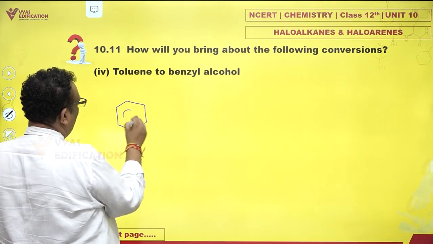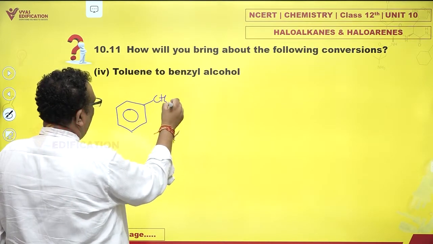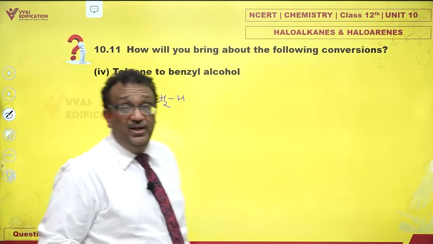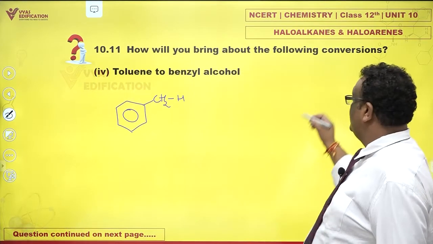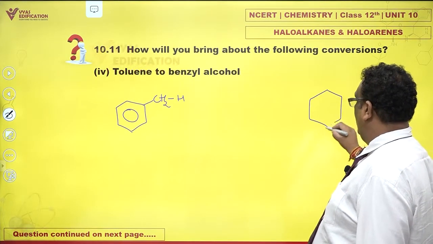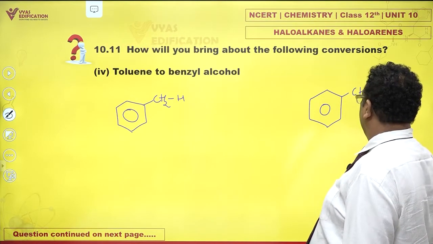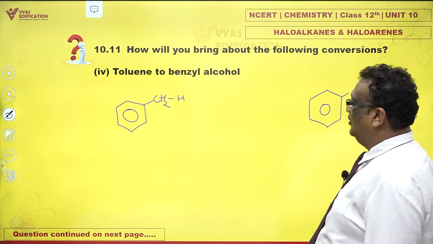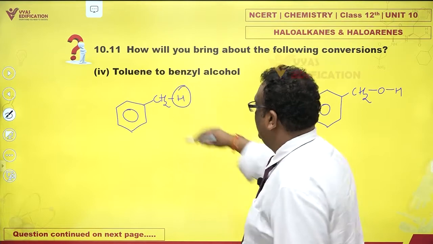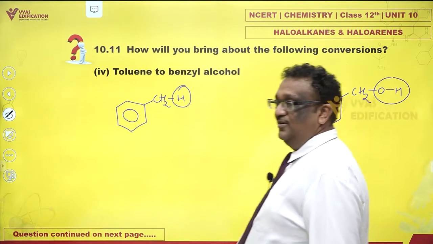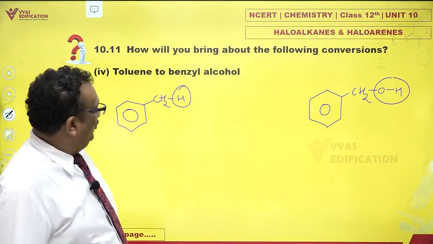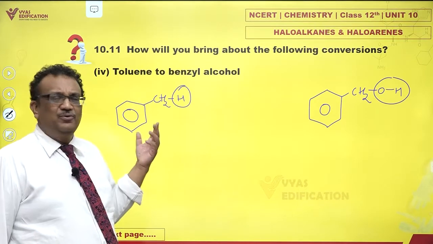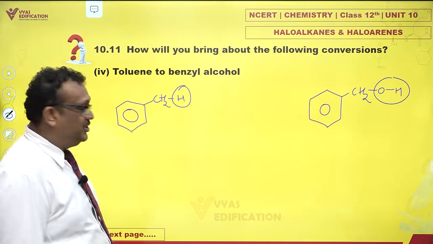This also does not look like much. We have toluene, and what we need to do is oxidize this to benzyl alcohol. What is benzyl alcohol? Okay, so this H has to be changed to OH. Yes, my dear. How do we do that? Well, the benzylic position is awfully easy to substitute.